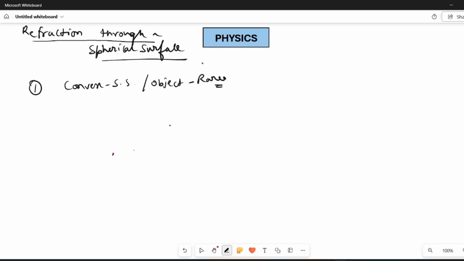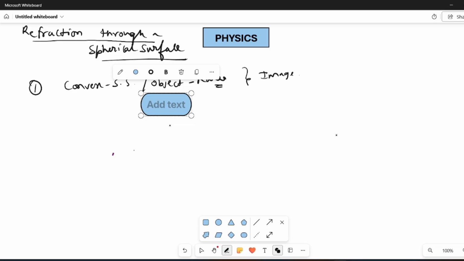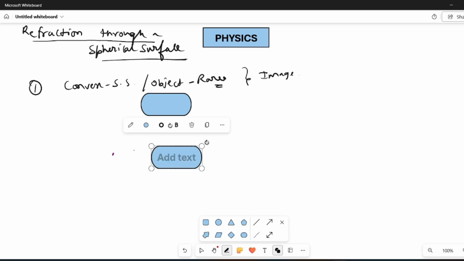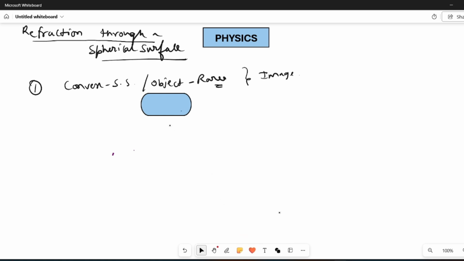And because of this, we are going to see what kind of image is going to form. So let's see how exactly my diagram is going to look.